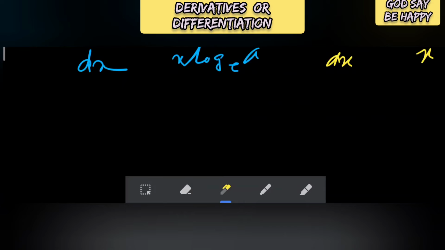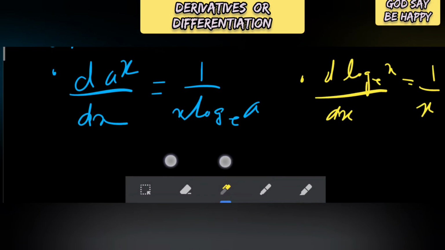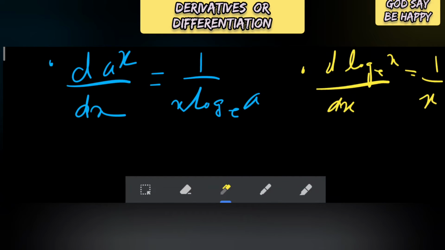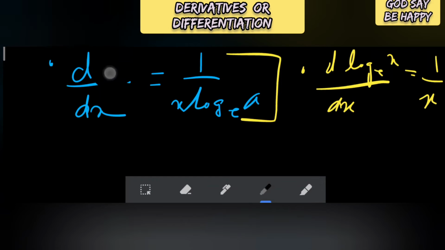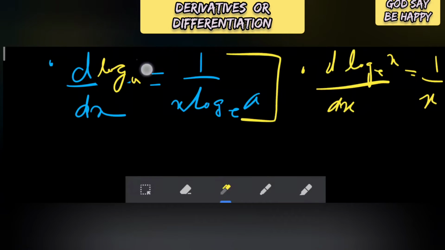And now we have the derivative of a to the power x, which is a to the power x log a.